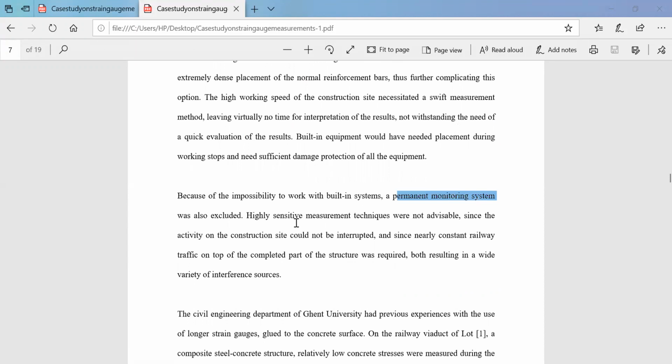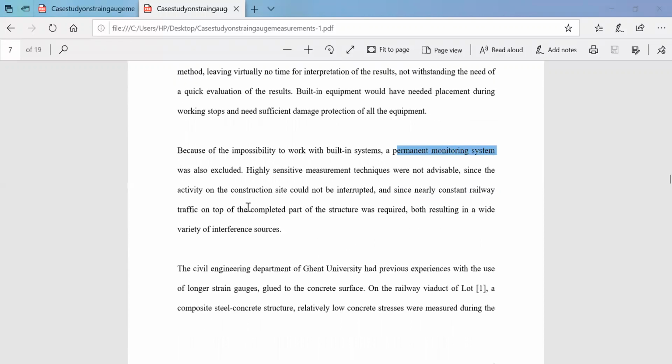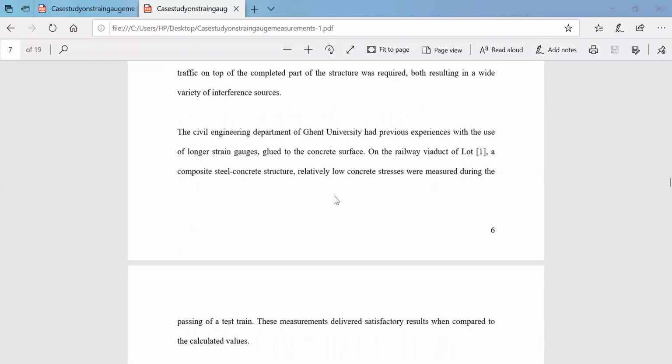Later they came across highly sensitive measuring techniques, but even that was not advisable because the work here cannot be interrupted, and since nearly constant railway traffic is there from different stations, this was overruled.